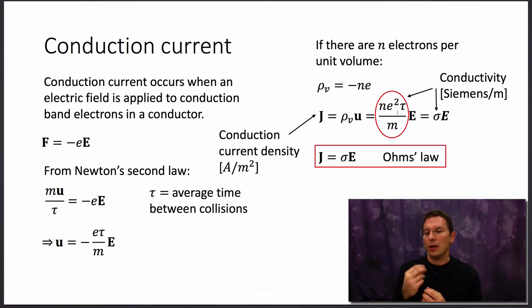In other words, if tau becomes large, that means the electron fairly infrequently collides with another particle. Okay, so that would also make sense that if tau is large, we're not colliding very often with another particle, then it's fairly easy for the electron to move through the material, and therefore, again, the conductivity increases. So you can see a lot of physics just right here in the expression for conductivity of a material.